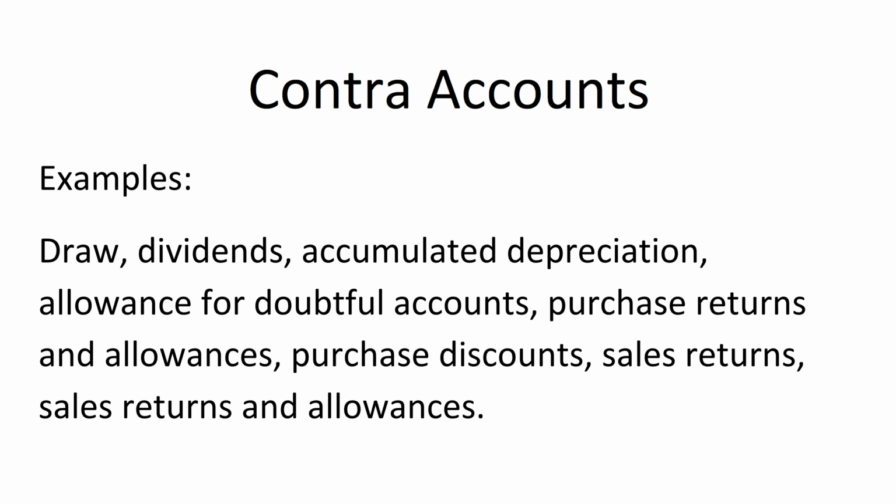Now, you will see allowance for doubtful accounts when you get to the accounts receivable chapter, and then when we deal with inventory, we'll deal with purchase returns and allowances, purchase discounts, sales returns and allowances, and sales discounts.